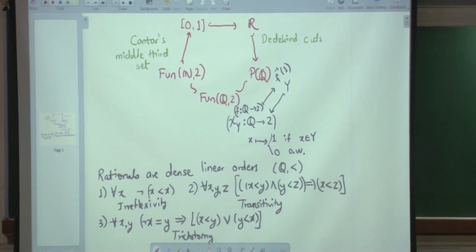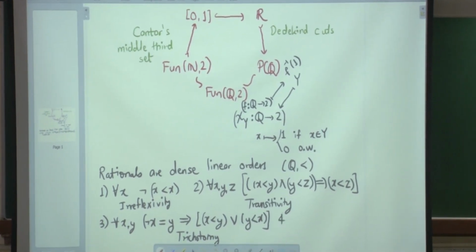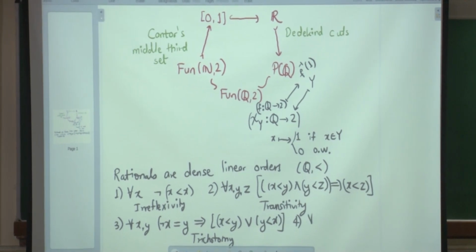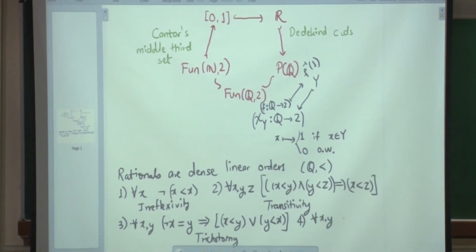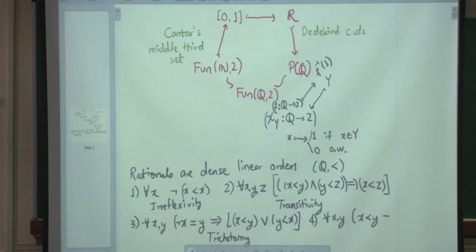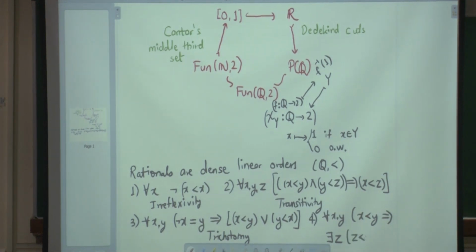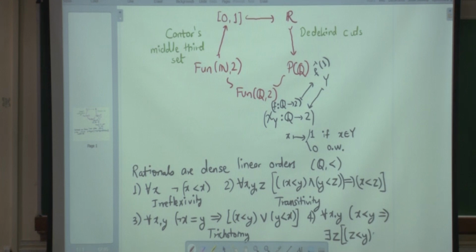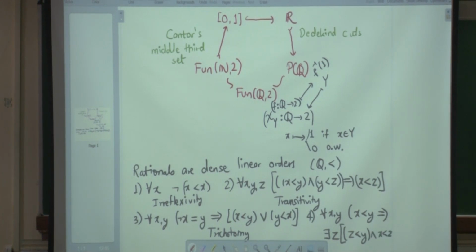And finally we have this density property. I am just going to write it here. For all x, y, if x is less than y, then this implies that there exists z such that x is less than z and z is less than y.